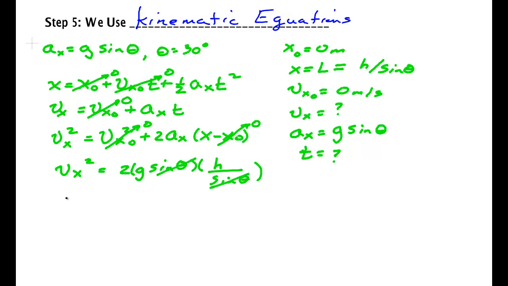Notice the sine theta cancels out, and Vx squared is 2 times g times h, or Vx is the square root, and it's moving in the positive direction, of 2gh. Notice that the angle of inclination doesn't enter into the thing. Again, this is one of those things that you learn to pick up by not plugging numbers.